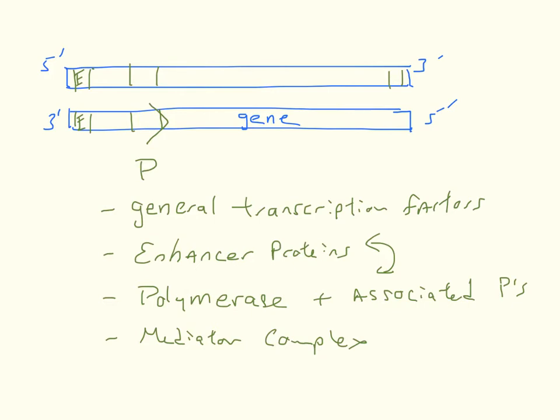So the general transcription factors, enhancer proteins, and polymerase with associated proteins bind in sync, and then the mediator complex. Remember, all of this is basically the recognition of the TATA box, and approximately 25 bases downstream from the TATA box is where the very first nucleotide of our RNA molecule will be added.